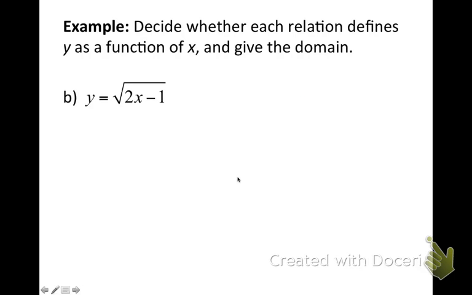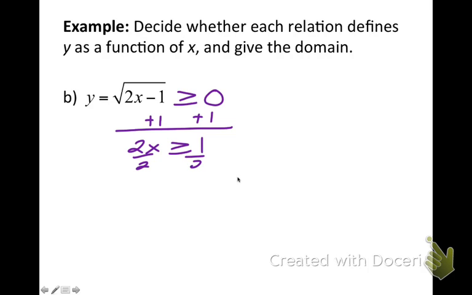Next one. We have y equals the square root of 2x minus 1. So this is a radical function. So that means we're going to take whatever is underneath the radical sign and set it greater than or equal to 0, because it needs to be positive. You never can take the square root of a negative number. So adding 1 to both sides gets me 2x is greater than or equal to 1.